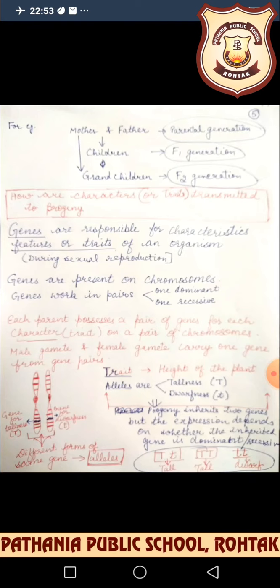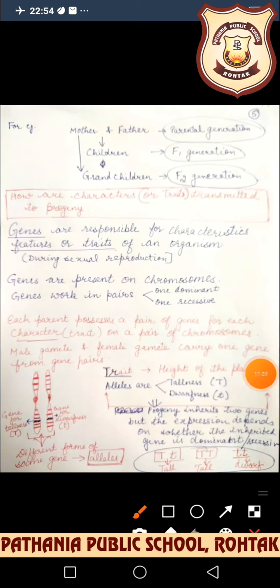Capital T and small t, these two are different forms of the same gene, and these different forms of the same gene are known as alleles. Progeny inherits two genes, but the expression depends on whether the inherited gene is dominant or recessive. This I told you: tall can be capital T capital T, and tall can be capital T small t also. But dwarf is small t only.